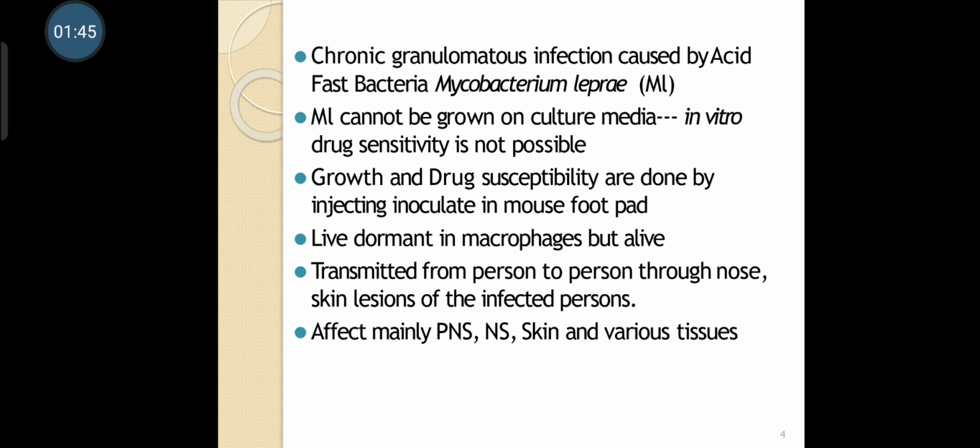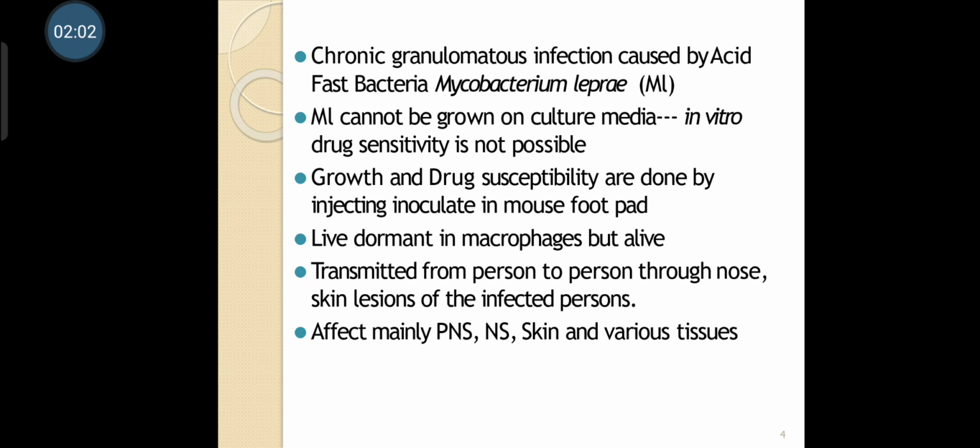It is transmitted from one person to another through the nasal droplets and skin lesions from the infected persons. It mainly affects the peripheral nervous system, skin and various tissues and organs in our body.